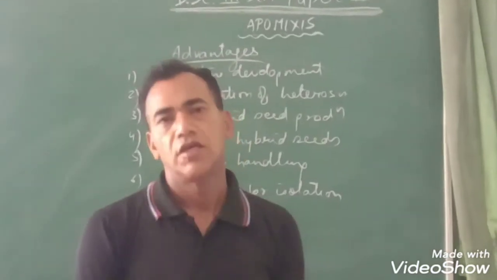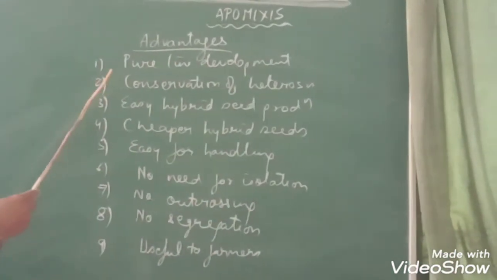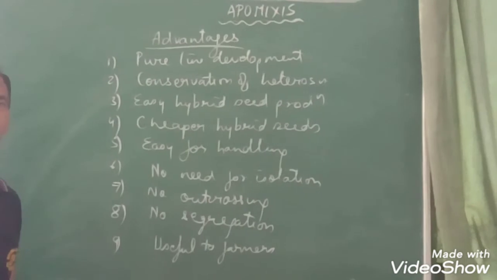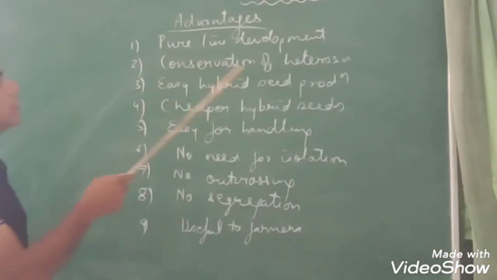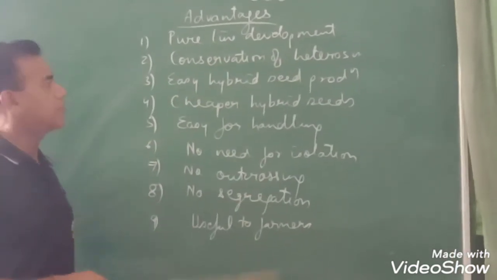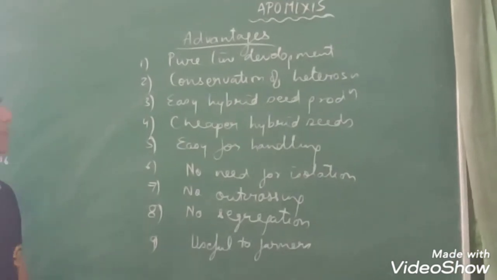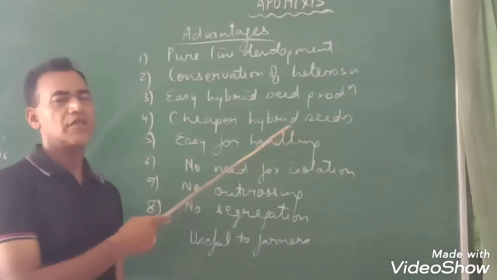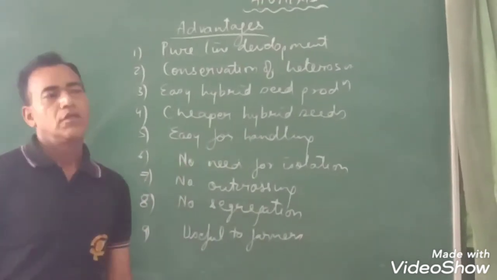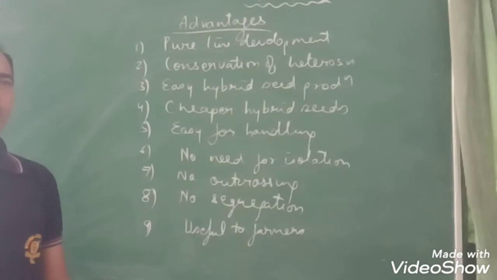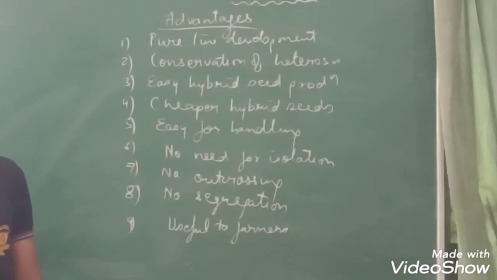Now in the last, let's discuss the advantages of apomixis. By this method, we can develop pure lines, we can maintain purity, the heterosis remains conserved, the hybrid seed production becomes easy, the hybrid seeds that we get are much cheaper, and it becomes very easy to handle apomictic lines since there is no chance of crossing.